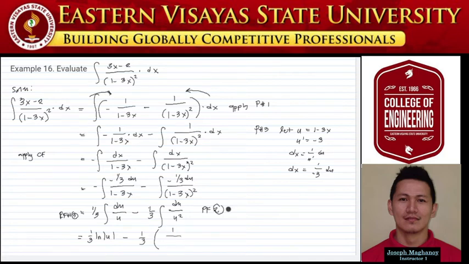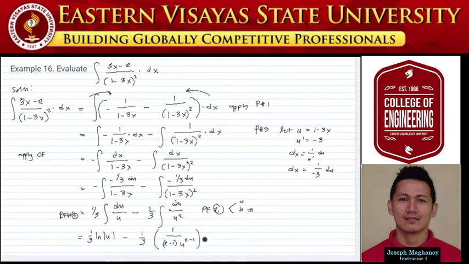Applying formulas A and B, we use our formula B. As you can recall in our previous summary of formulas, that would be 2 minus 1, U, 2 minus 1.